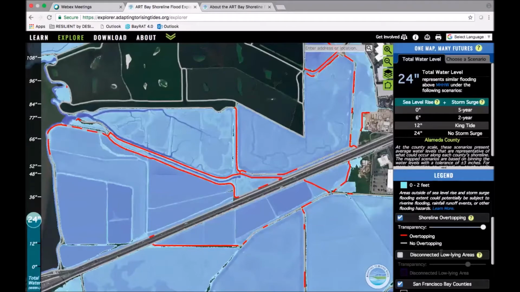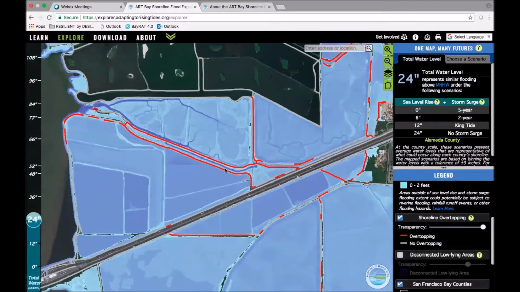And we can see from the map that this overtopping, shown in red, is largely occurring along these channels, but not from the bay margin at 24 inches of sea level rise. So this gives us a good indication of where this flooding is coming from and where it is not.